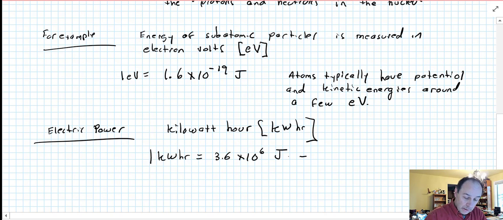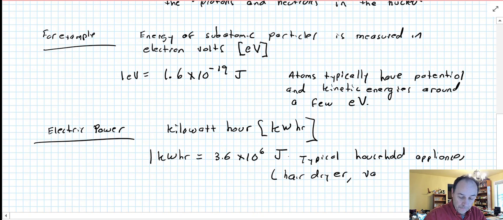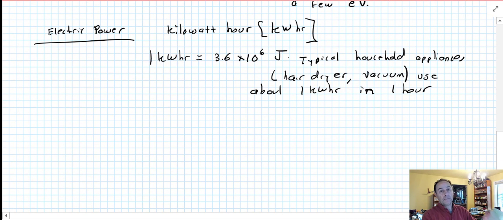All right, so typical household appliances like hair dryer, vacuum, use about 1 kilowatt hour in 1 hour. Right, so that's a convenient unit for that field.